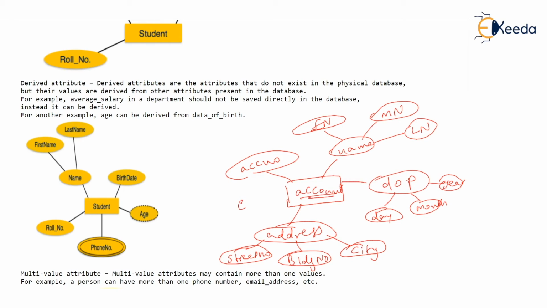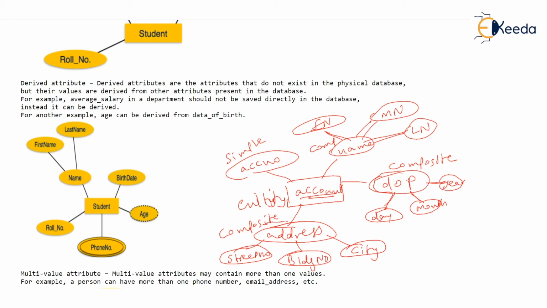Now account is an entity, correct? And you can make out account number is a simple attribute. It can't be further broken down. But name is composite because it comprises first name, middle name, last name. Date of opening the account contains day, month, and year, so it is also composite. Address is also composite because it contains street and all that.